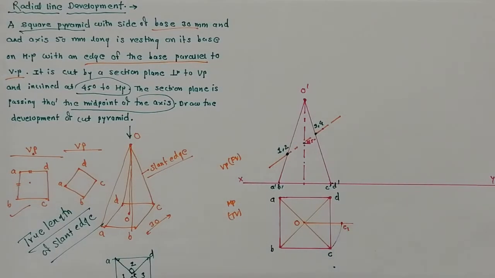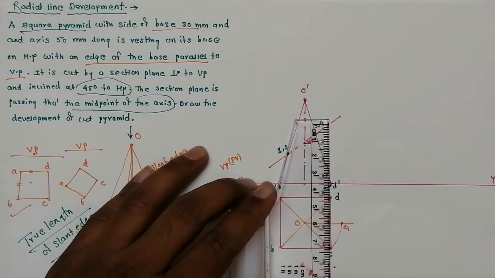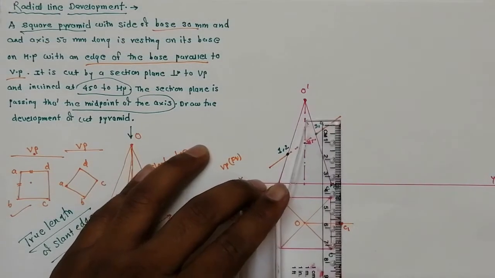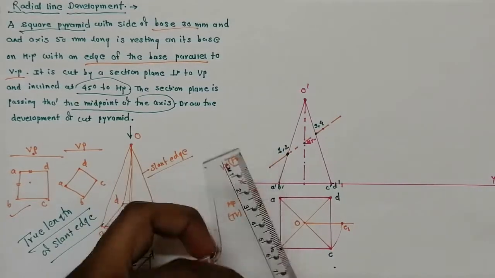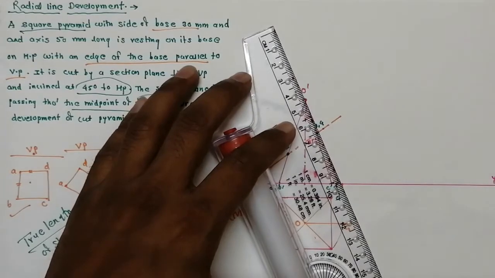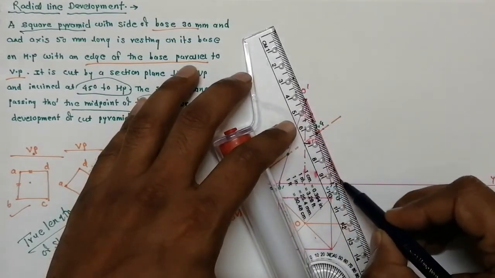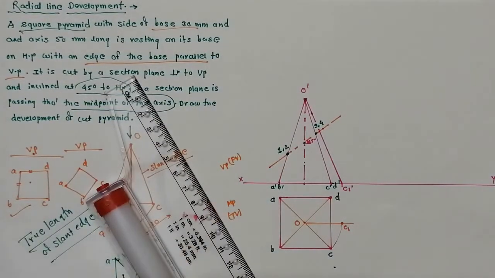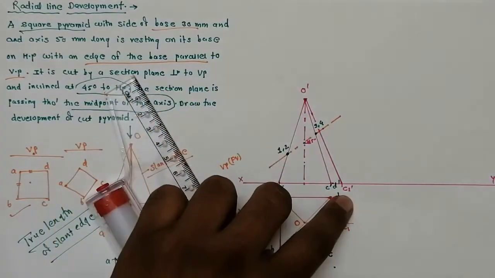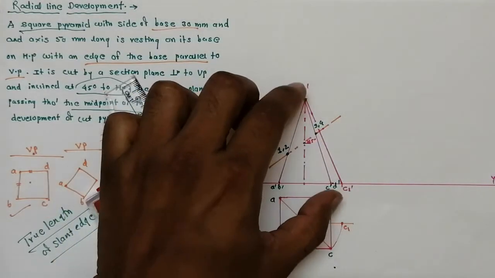We got this as a new point, and then you transfer that new point to the front view. So we'll get it like this. This is our C1 dash. So this O dash C1 dash is our new slant edge, and it represents the true length in the front view.